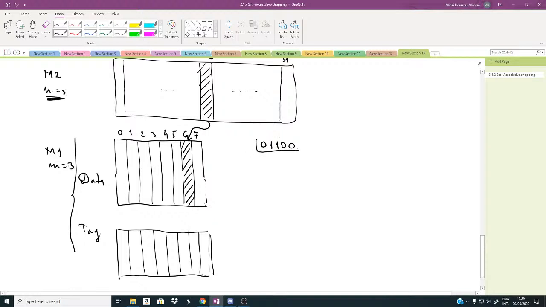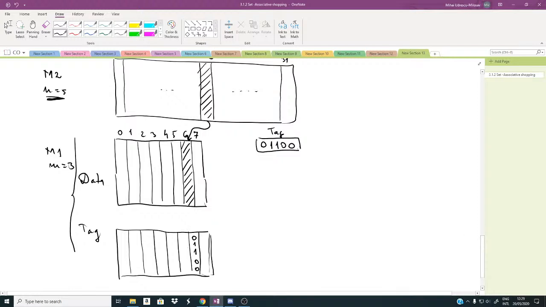So this block number is the actual tag. You know, so the tag for fully associative caches is actually the block number, right? So it's 01100, and I put the corresponding tag over here.